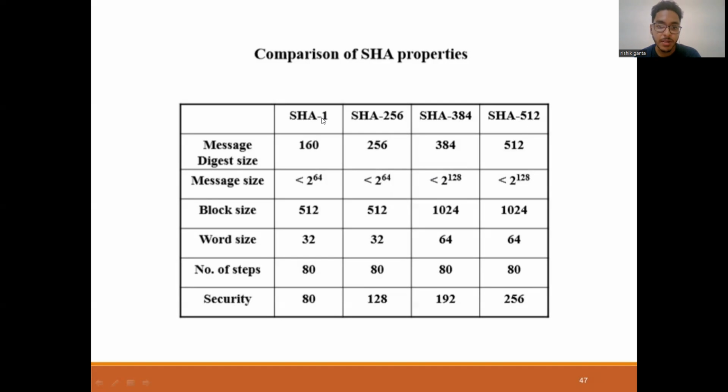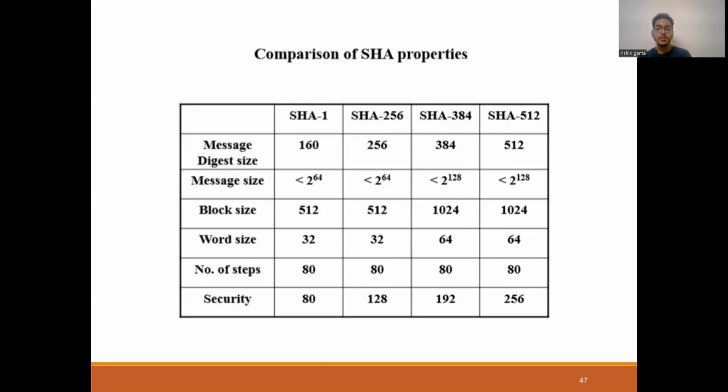The block size for SHA-1 and SHA-256 is 512, and the block size for SHA-384 and SHA-512 is 1024. The word size for SHA-1 and SHA-256 is 32, and the word size for SHA-384 and SHA-512 is 64. The number of steps for all of them is the same, that is 80 steps.